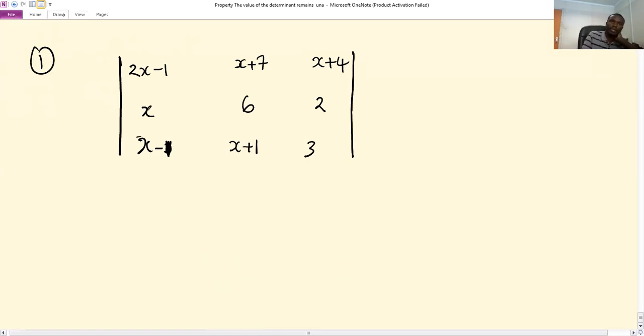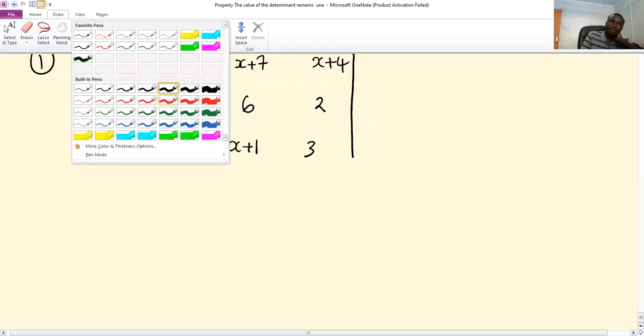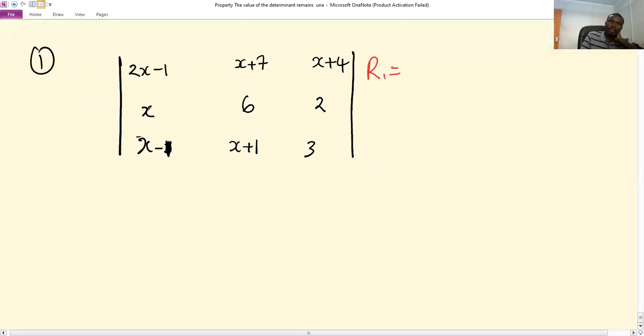So let's reduce this one step by step. Let row 1 be row 1 minus row 2. Let's keep row 2, and let's keep row 3.